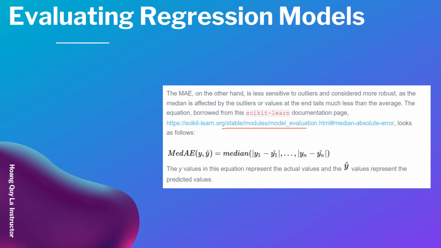We have the median absolute error of y and y hat equal to the median of the absolute values of y1 minus y1 hat, and so on until yn minus yn hat. The y values in this equation represent the actual values, and the y hat values represent the predicted values.